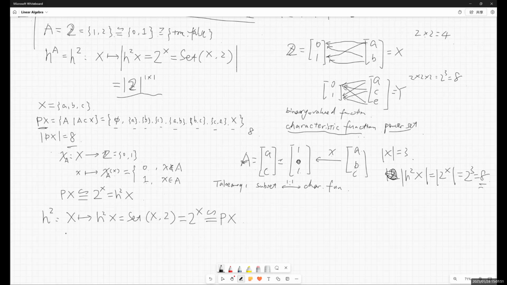So the theory of power set is studied by the home functor. This is the first non-trivial example of how the home functor can help us to do mathematical research.